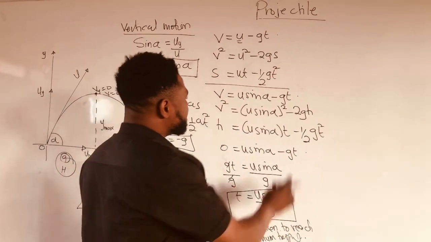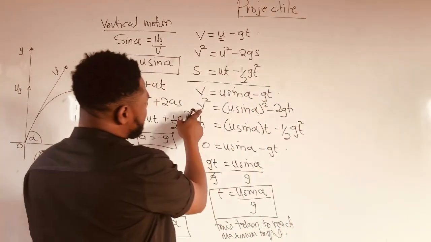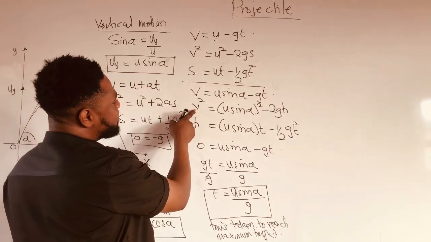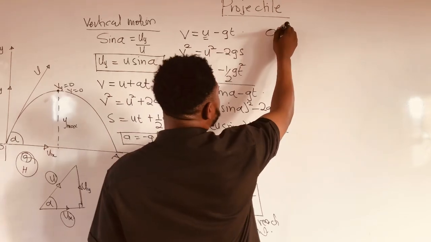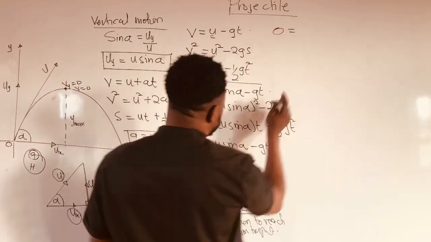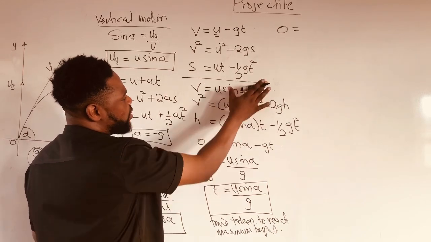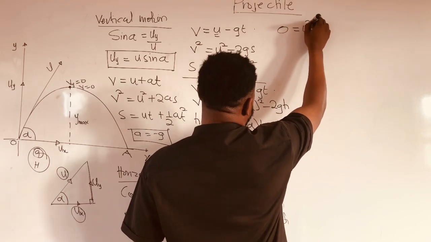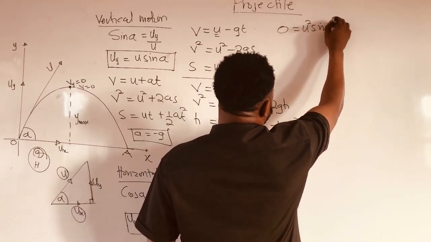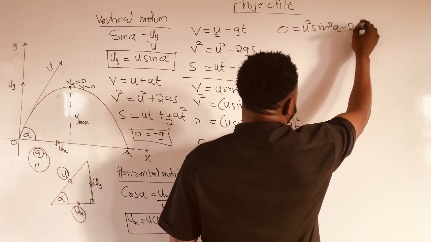All right, let us look at this equation as well. If v at the maximum height is 0, so we can say 0 squared is 0, so we have 0 equal to, let us expand this, because we have u sine alpha all squared. So expanding this, we are going to have u squared sine squared alpha minus 2gh.